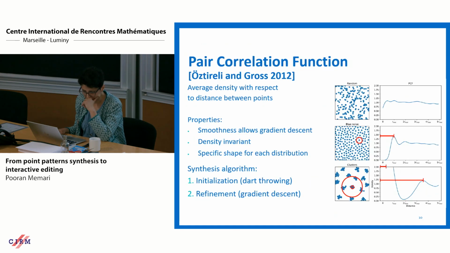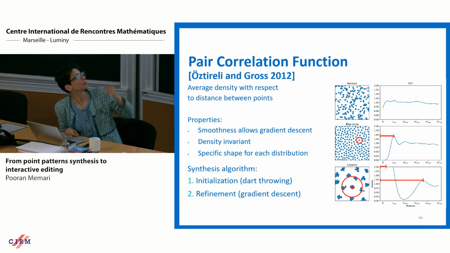Since the pair correlation function is the key element here, I would like to give a very quick definition of it, with some illustrations. It is nothing else than a kind of average density with respect to distance between points. What does it mean?